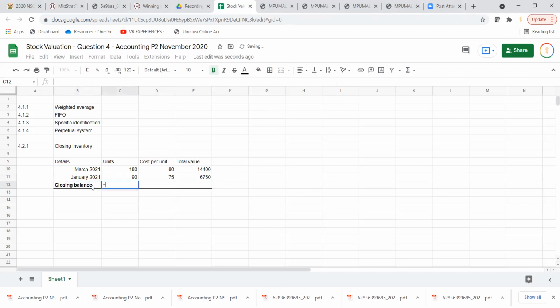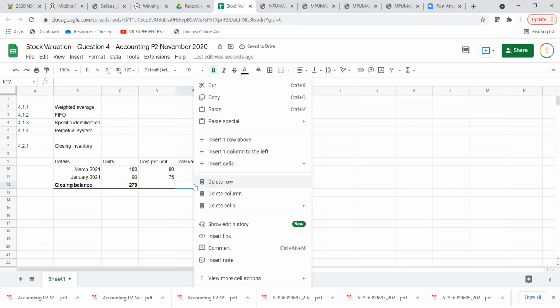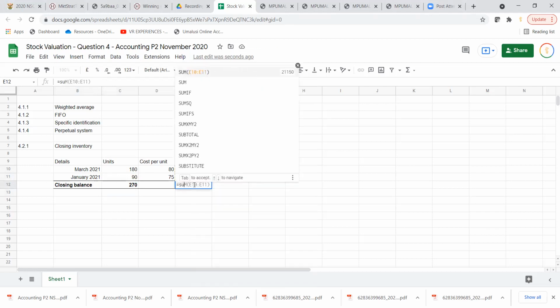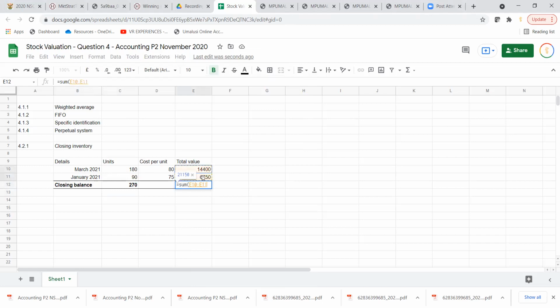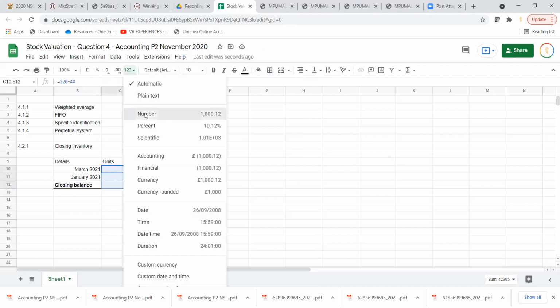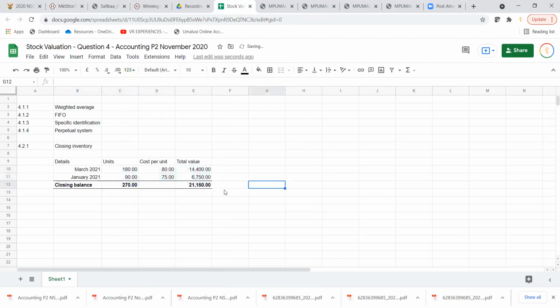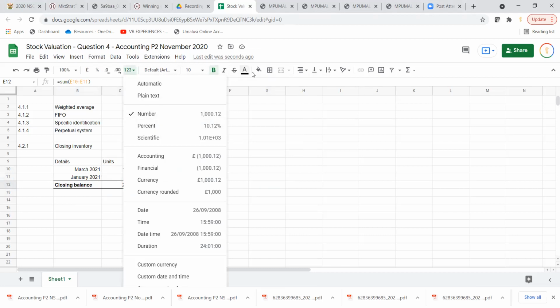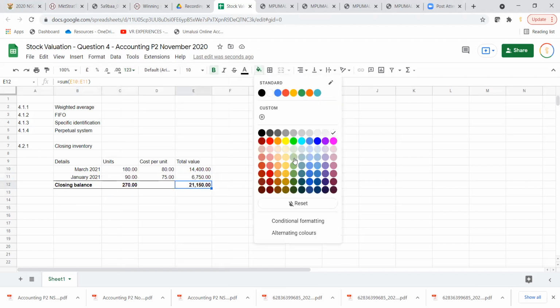You can see the number of units is 270, and you can see the closing balance. The closing balance would be the sum of those. Okay, so there we go. The closing balance, that's the answer. So closing balance is 21,150.